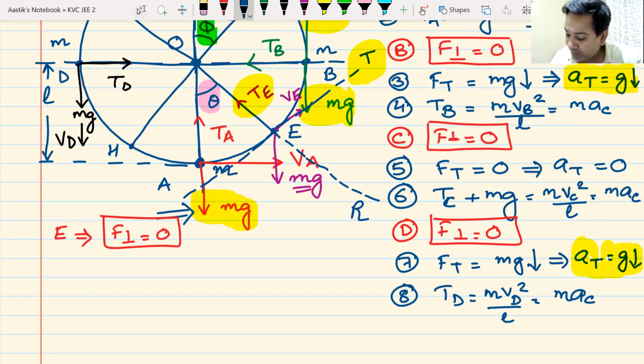Can you tell me the equation number 9, which is the equation in the centripetal direction? Which is the equation in the tangential direction? How much is the force in the tangential direction at point E? Anyone? mg sin theta, sir. Very good. mg sin theta.